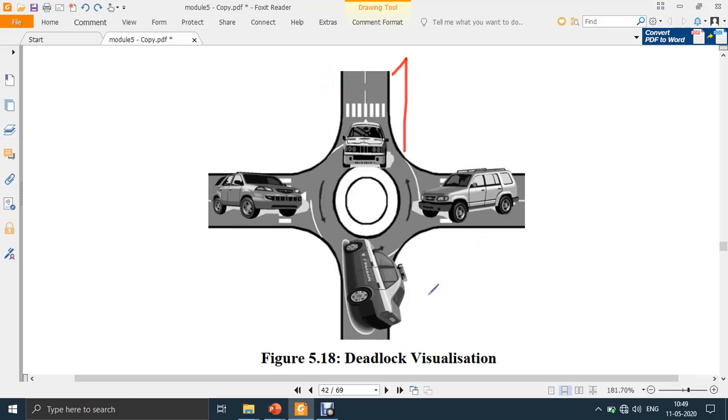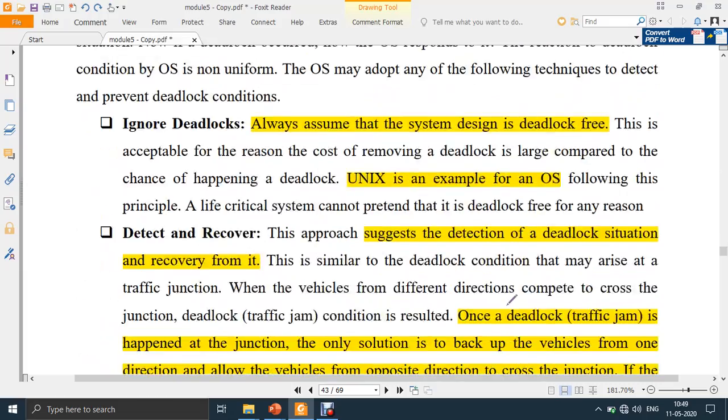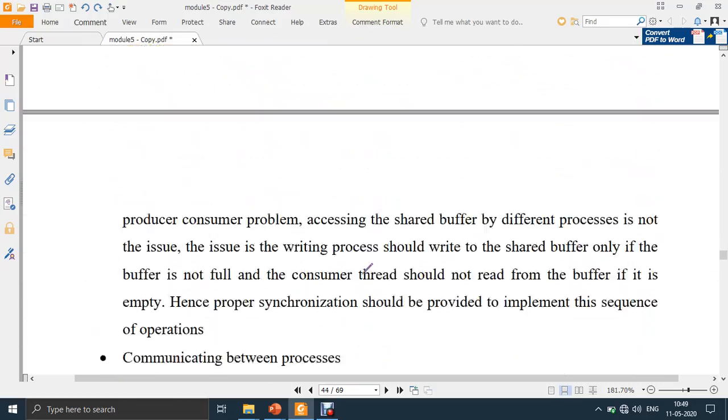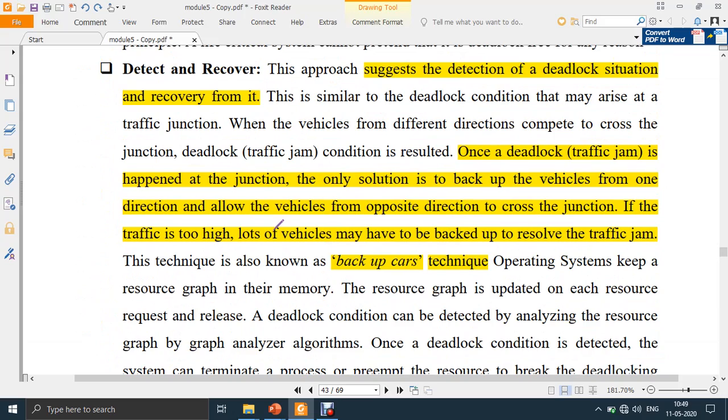This is known as the backup vehicle technique. That is the second technique, detect and recover. Back up the vehicles from one direction and allow the vehicles from the other direction. The problem is, if the traffic is very high, a lot of vehicles may have to be backed up. This is known as the backup cars technique.